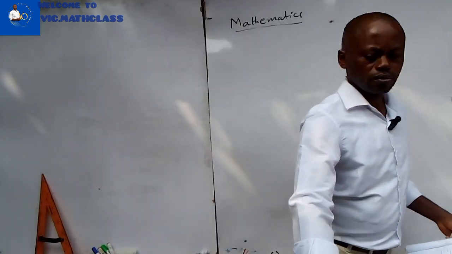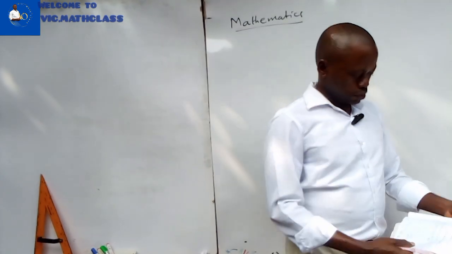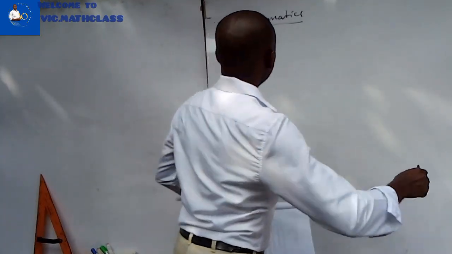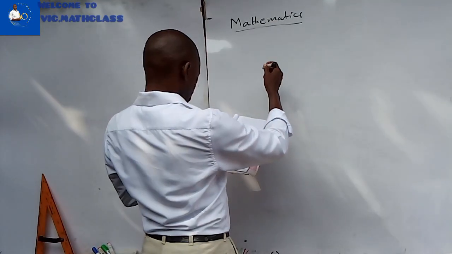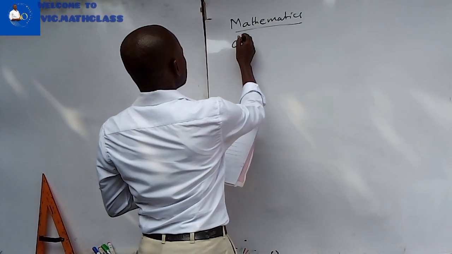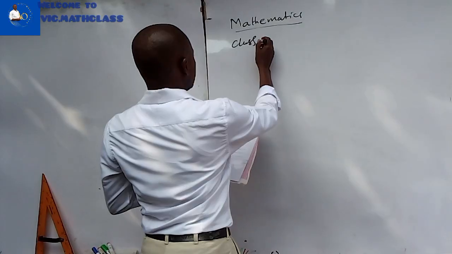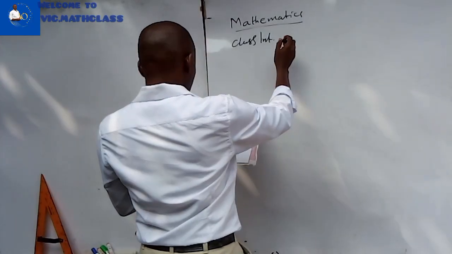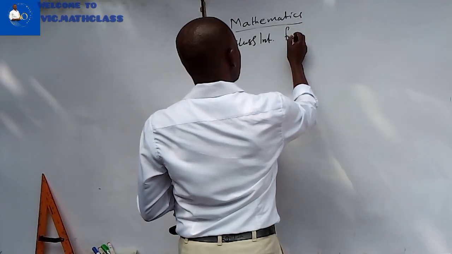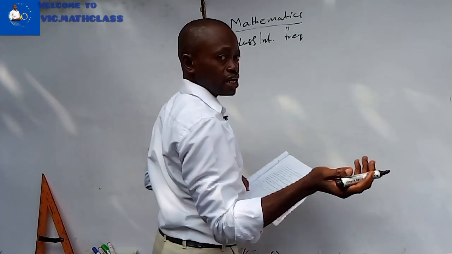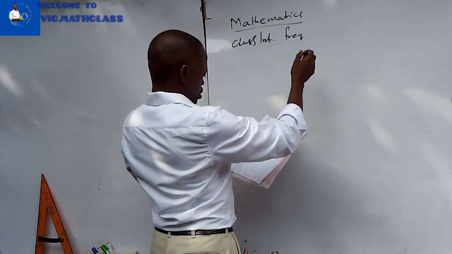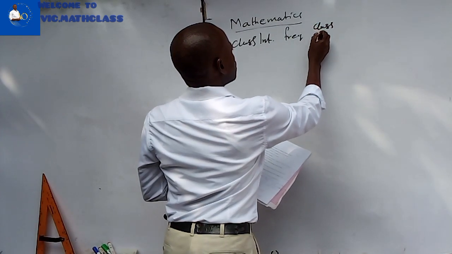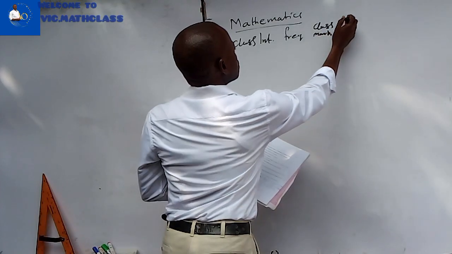I am going to have a table that gives the class interval. When I come back to statistics, we're going to take our time and go through all this. This is the frequency. Frequency simply means count, how many times something happened. And then we have the class mark, x.